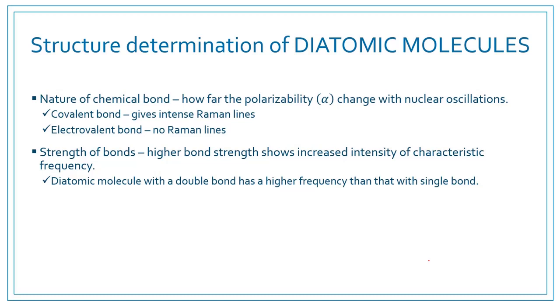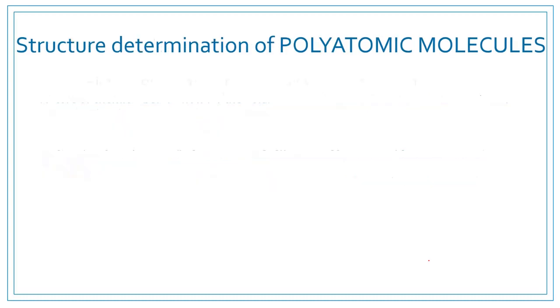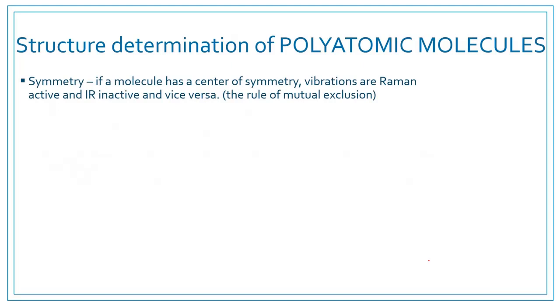Also, the intensity of the Raman lines is determined by the strength of the bonds. A higher bond strength shows increased intensity of the characteristic frequency. We have seen that diatomic molecules with a double bond have shown a higher frequency than diatomic molecules with a single bond. Let us see how structure determination is done for polyatomic molecules, especially for triatomic molecules.